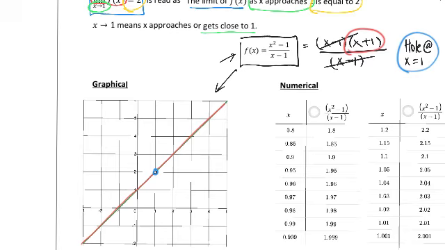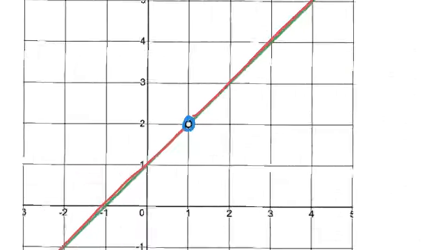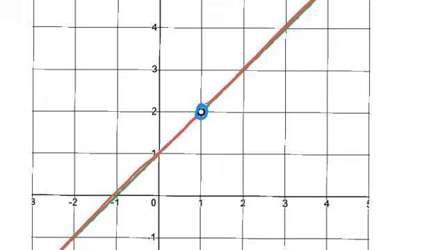What does it mean when we say the limit of f of x as x approaches 1? Well, that means that we're looking here, and you've got to think of two things happening. The first thing is that the x values are getting closer and closer to 1 from both sides, right? That's what's happening with the x values. The limit is going to be equal to what happens to the y values.